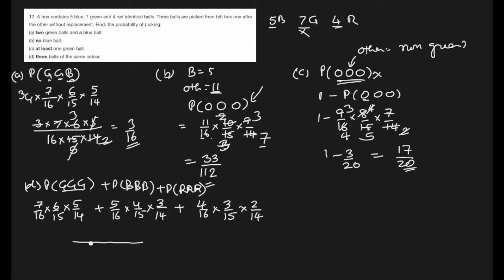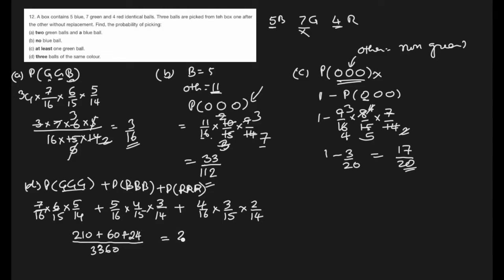So 16 times 15 will be 240 times 14, 3360. This is 42 times 5, 210. 20 times 3, 60. And 12 times 2, 24.